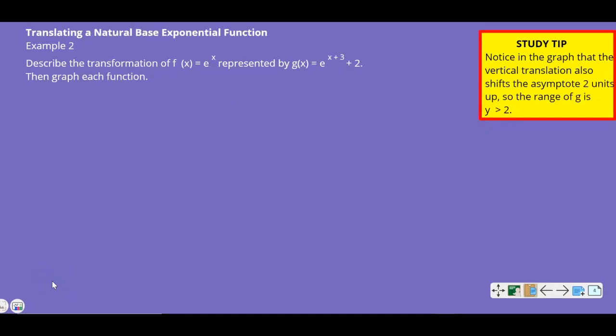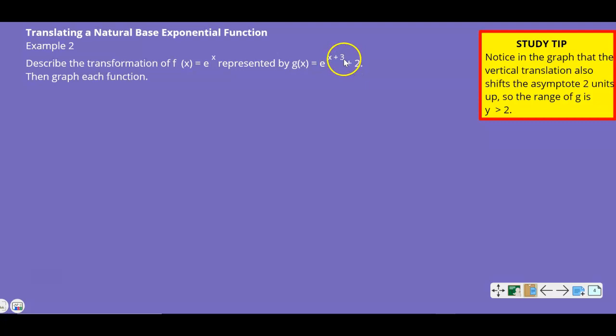Example 2, translating a natural base exponential function. Describe the transformation of f of x equals e to the x power, represented by g of x equals e raised to the x plus 3, and then plus 2. All right, so you can see that this here would be the horizontal movement, and this is the vertical movement. So that's your 2 translations.